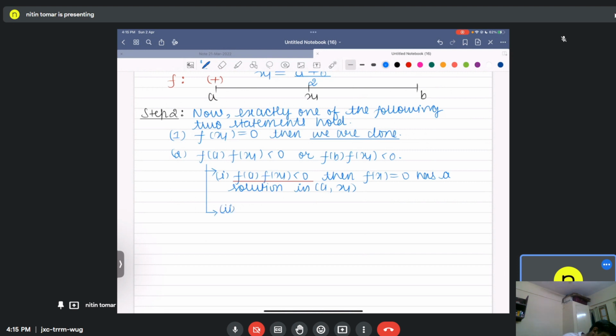And if the second thing happens, if this product f of b times f of x1 is non-positive, then f of x equal to 0 has a solution in x1 comma b.